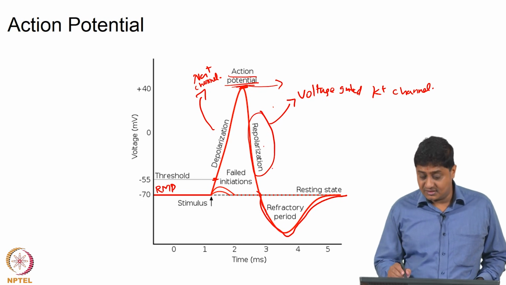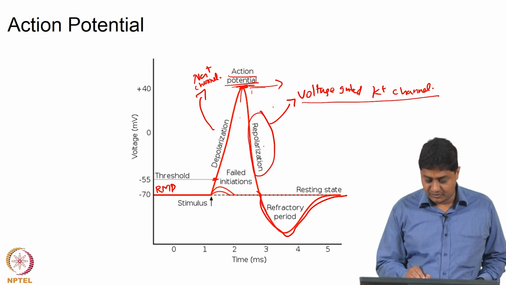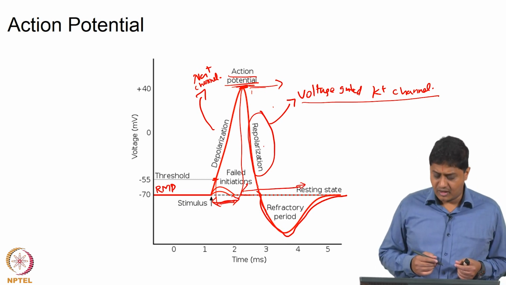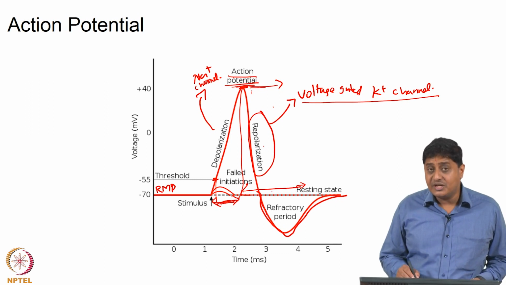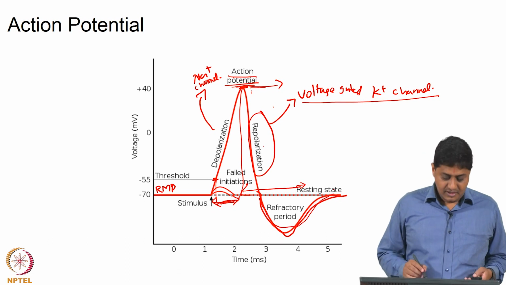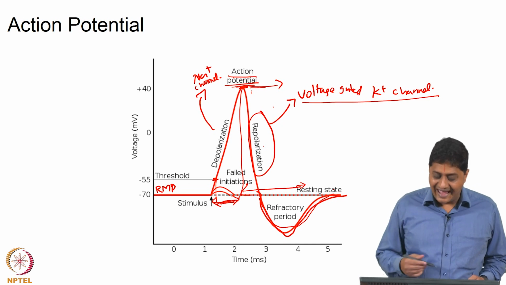Actually, this voltage gated potassium channel remains open for a relatively long period when compared with the voltage gated sodium channel, which remains open for a relatively brief period, say for example that period. In comparison, the voltage gated potassium channel remains open for a long period, so that it takes the membrane potential below the resting membrane potential. So, this is what is called the action potential.